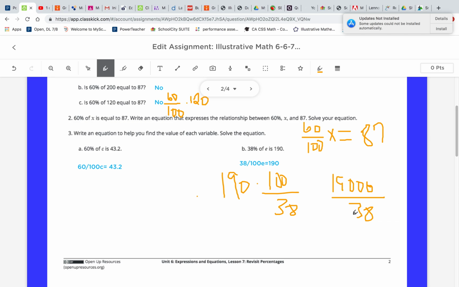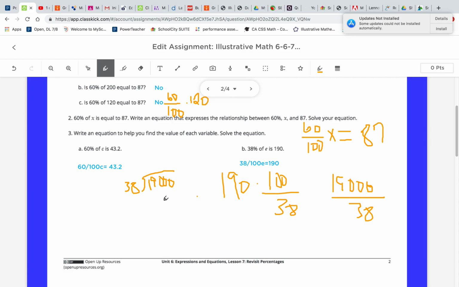Let's see what we can do here. Let's go ahead and make up our long division. So 19,000 divided by 38. All right, 38 can't go into 1, and it can't go into 19, but it can go into 190.